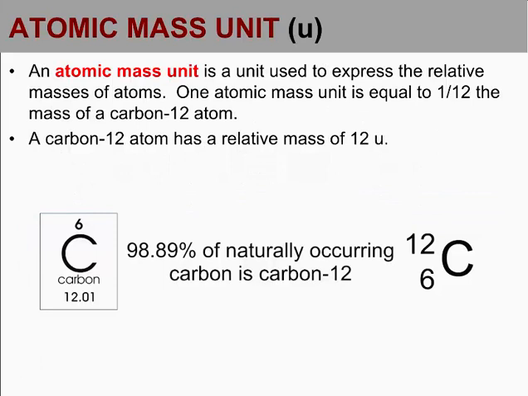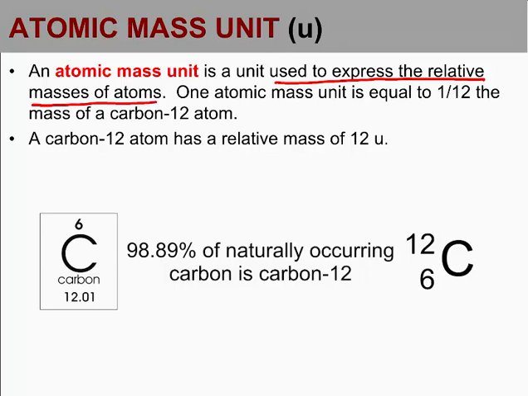And you might have noticed that little symbol U next to the relative mass. That's referring to an atomic mass unit. And an atomic mass unit is used to express the relative masses of atoms. And this is actually defined as 1/12 the mass of a carbon-12 atom. So a carbon-12 atom has a relative mass of 12 U. So down below we have the isotope symbol representation of a carbon-12 atom.